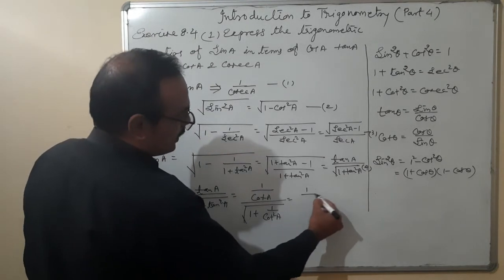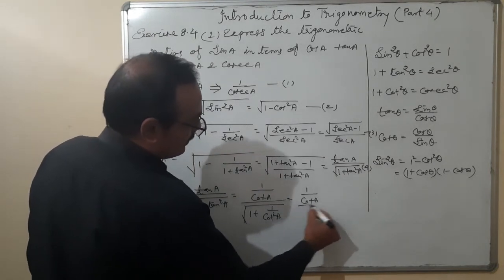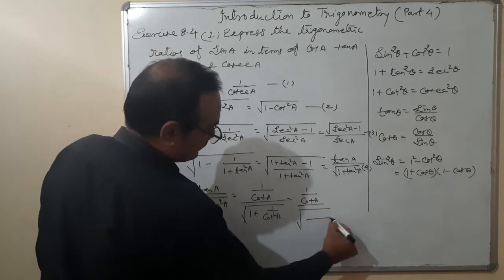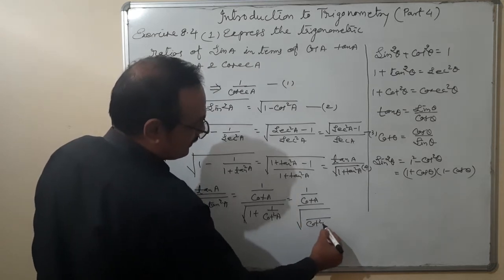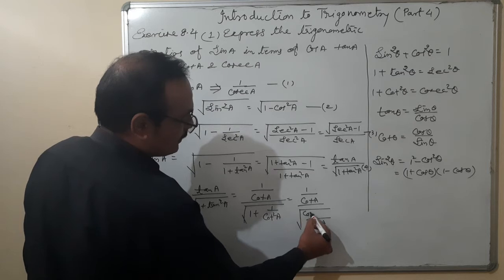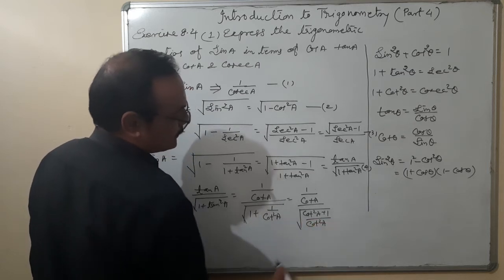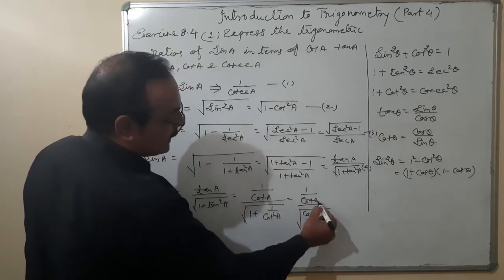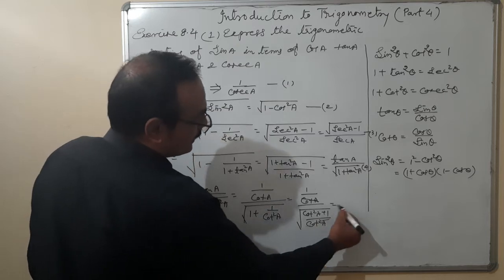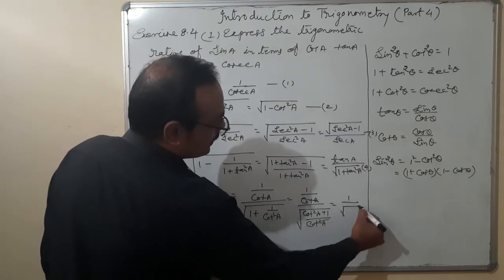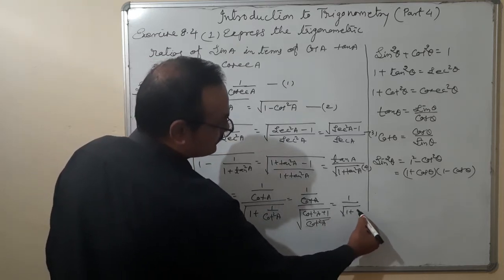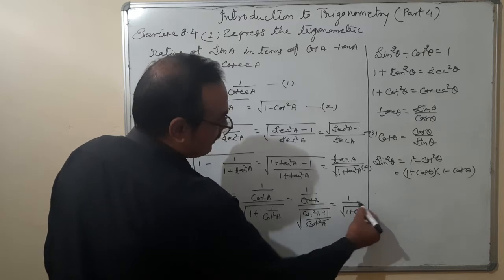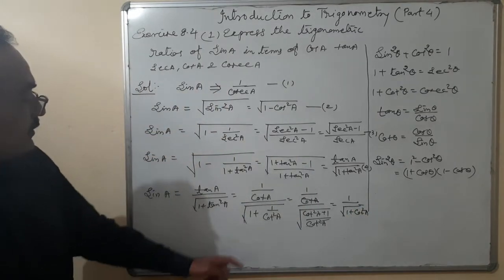So what is coming? 1 upon cot A upon LCM cot square A, cot square A plus 1. Root cot A, second and fourth term cancel. It is coming 1 upon under root 1 plus cot square A. Is it clear?